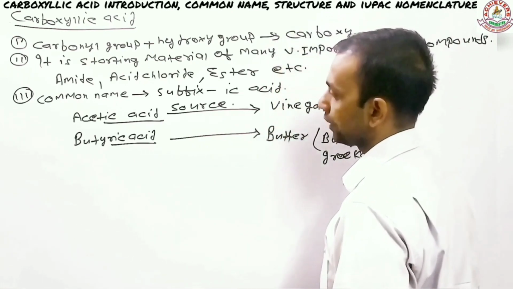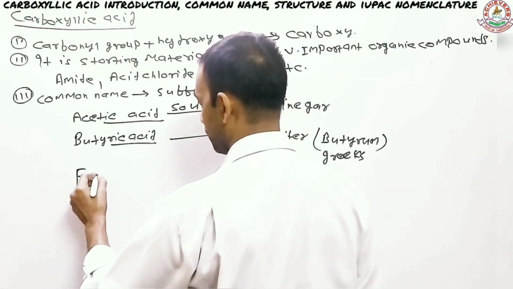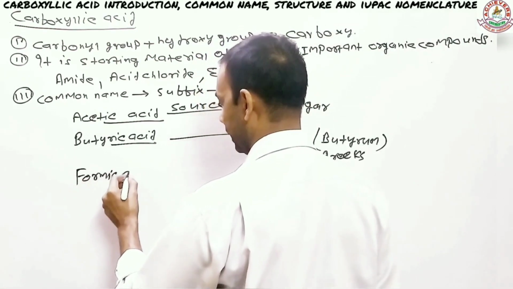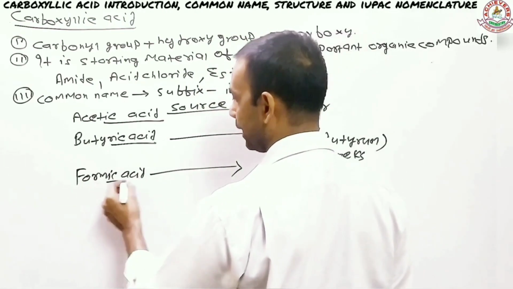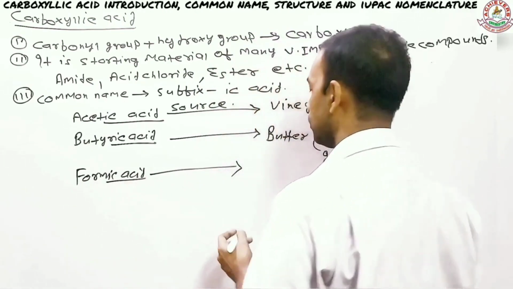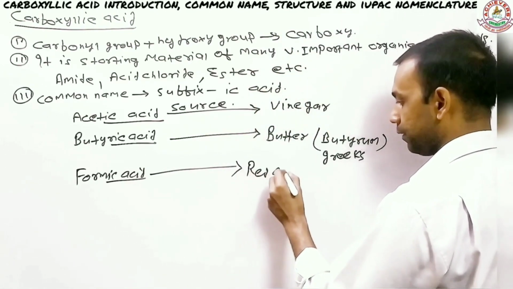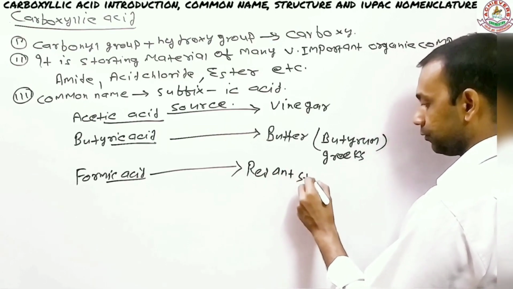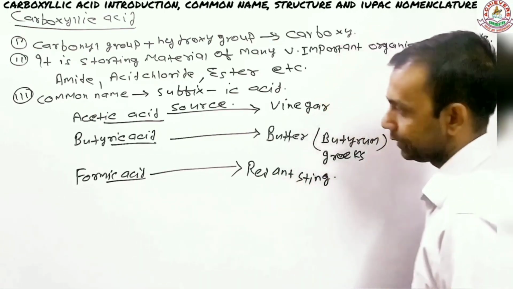Let me give you one more example. Formic acid. Again you have ic acid. This comes from red ant sting, and that's why it has been called formic acid.